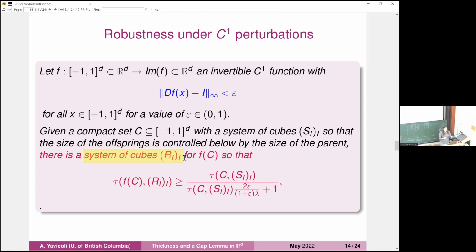Considering that system of cubes, I was able to prove that the thickness of f(C) doesn't drop so much because it's controlled below by the thickness of C divided by this other expression that is very small when epsilon is very close to 0.